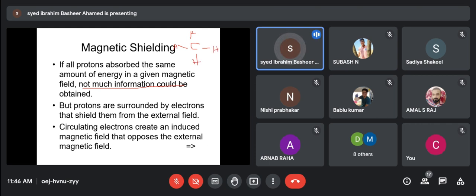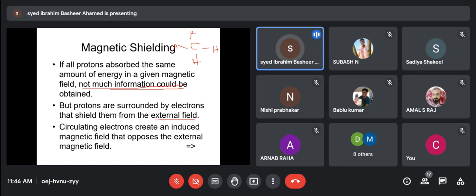If all protons absorb the same amount of energy in a given magnetic field, not much information could be obtained. But protons are surrounded by electrons that shield them from the external field.